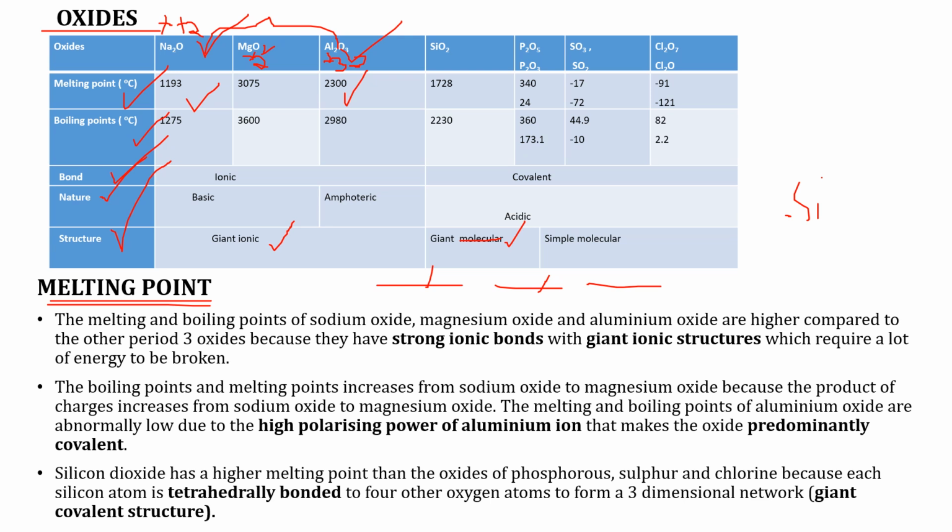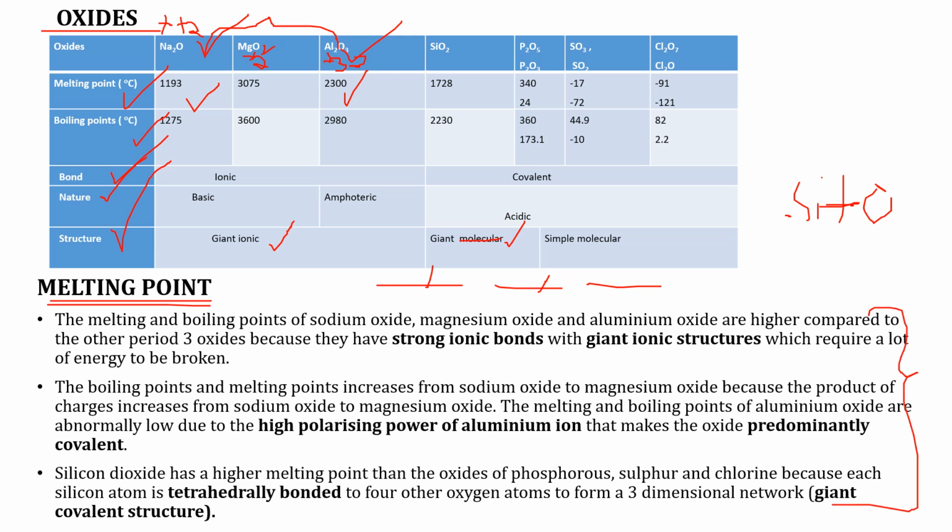Since it has a giant covalent structure, these very many strong covalent bonds, which are short and very many, are going to require a very high amount of energy to be broken. That means the melting point is going to be higher than the rest of the elements. I think I've explained all of these.